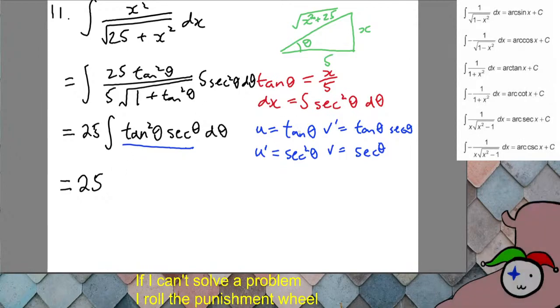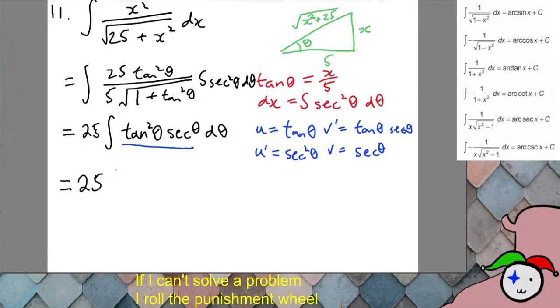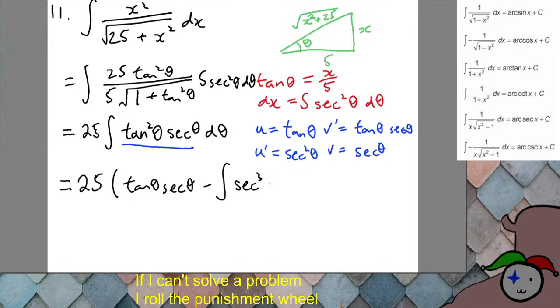So we have 25 tan theta secant theta minus the integral of secant cubed. What is the integral of secant cubed? I don't know.